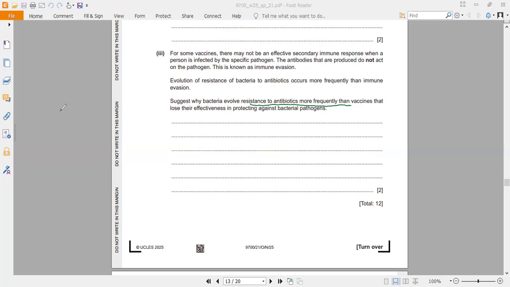So we know that when a vaccine is used against different pathogens, these vaccines trigger the production of many different types of antibodies that recognize various parts of a single pathogen.